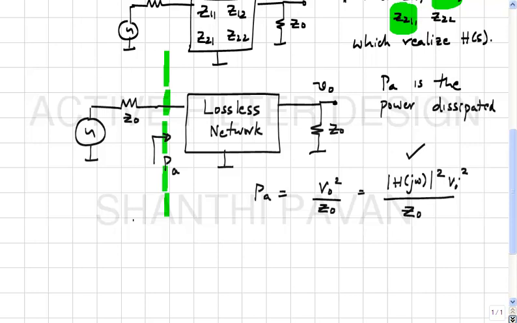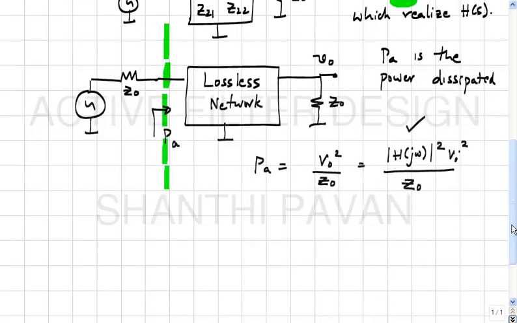So turning things upside down, if this is what we want for the squared magnitude, then our problem reduces to finding a network such that the power absorbed as a function of frequency is given by PA, which is mod H of j omega squared times Vi squared by Z0. In other words, what is this?